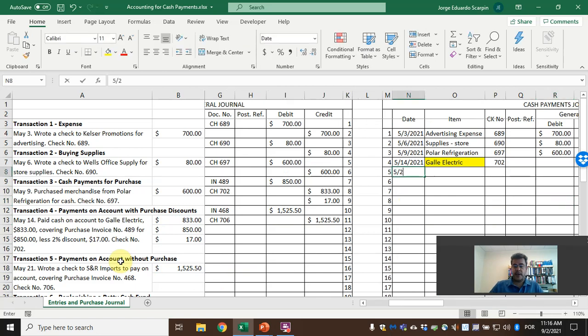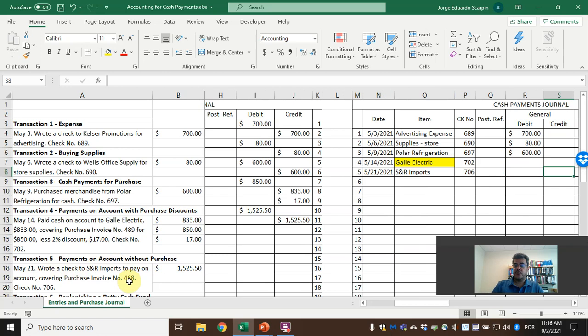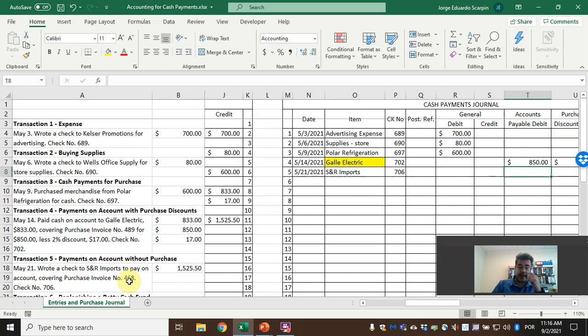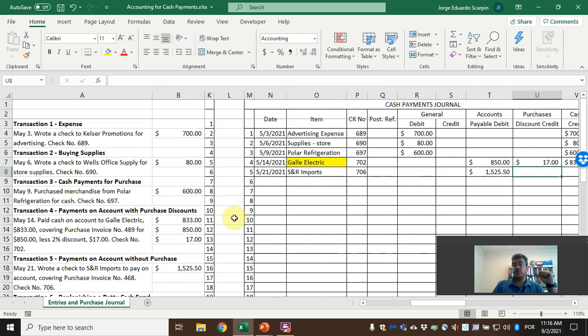May 21st, who are we paying? S&R Imports. Check number 706. There's no general accounts here. Accounts payable debit, 1,525. No discount.